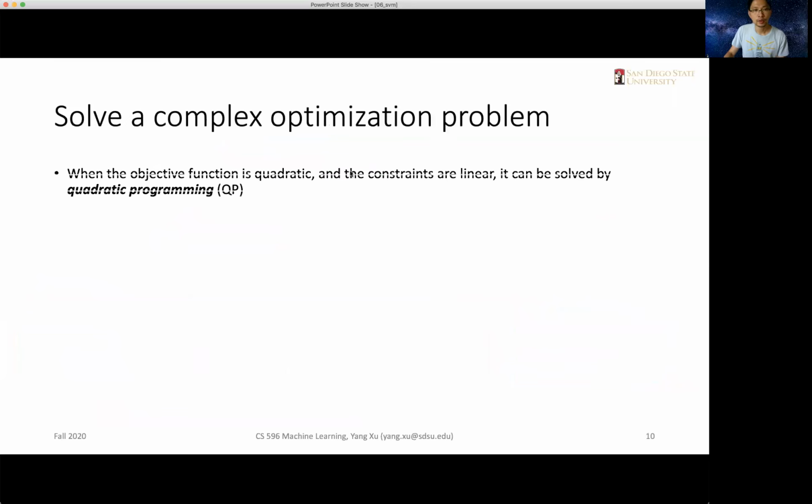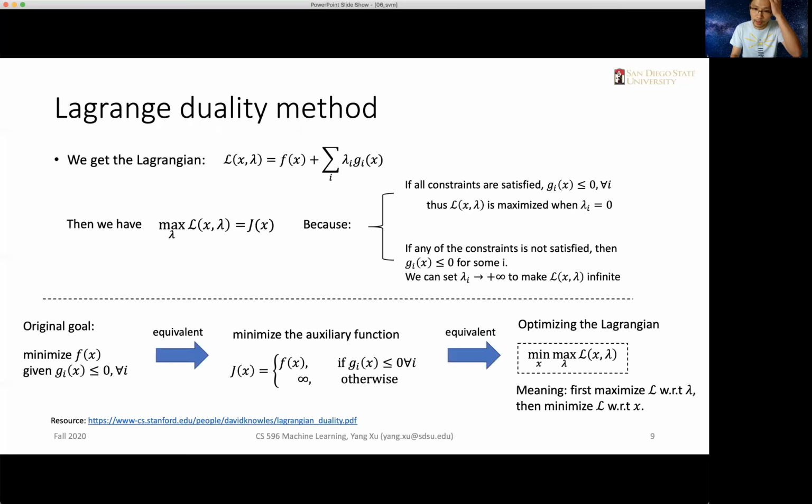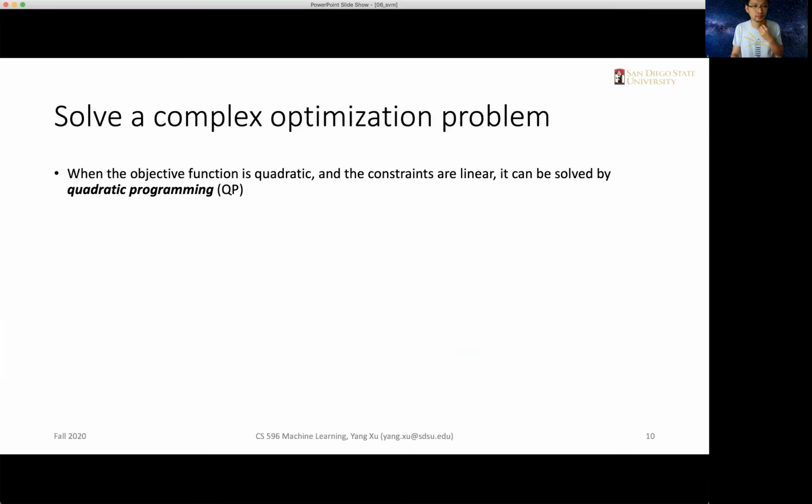So this is the final slide for the preparation knowledge and the warm-up. In order to solve this minimize and maximize problem, we can use something called quadratic programming.